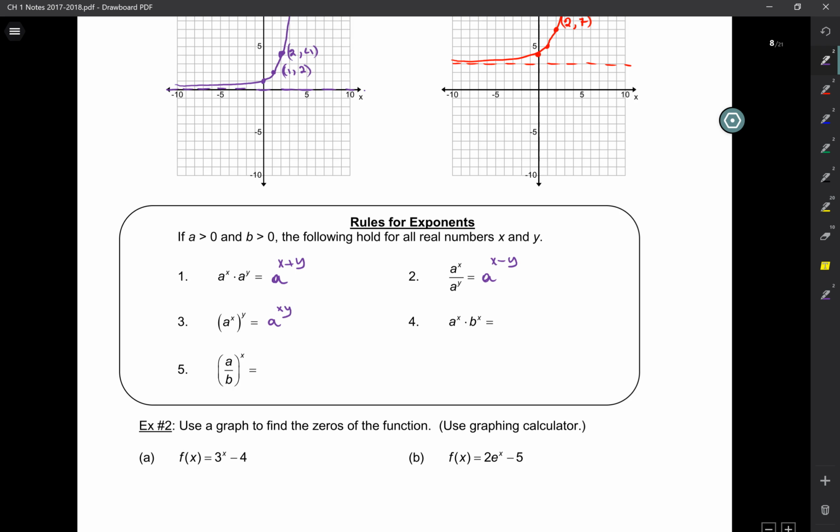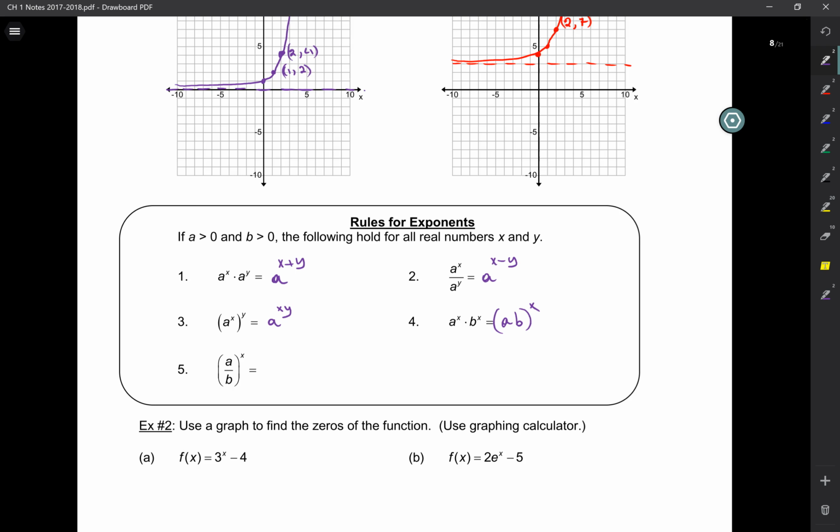Okay? If it's something like this, where the bases are different, but the exponents are the same, what you can do is you can combine them, so it's ab quantity to the power of x. Because this goes backwards. Okay?